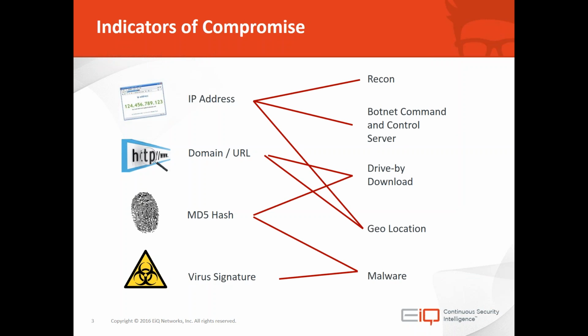So you really need to understand, what is this IP address being used for? Is it a command and control server? Why is it that the URL was blacklisted? Without knowing those kinds of things, you've got some information, but you don't really have much in the way of intelligence yet.